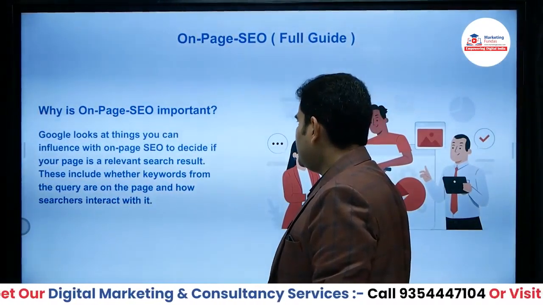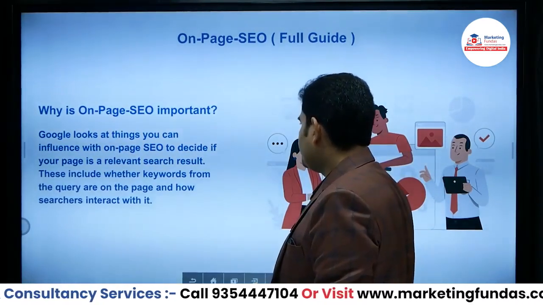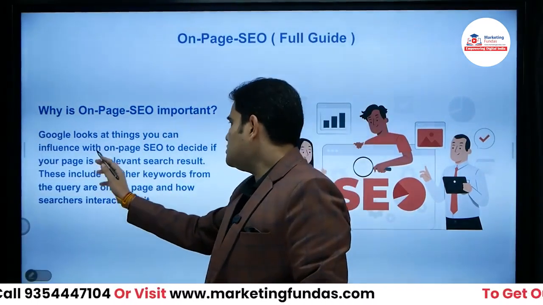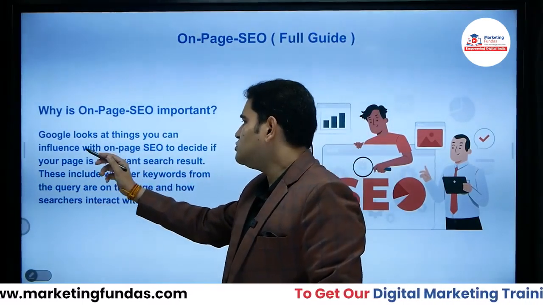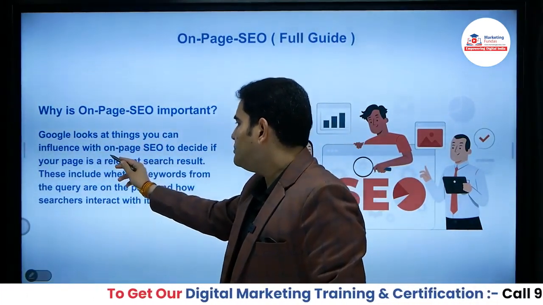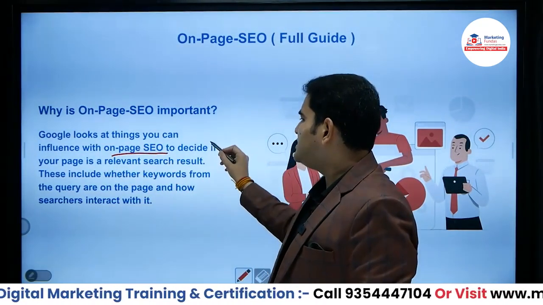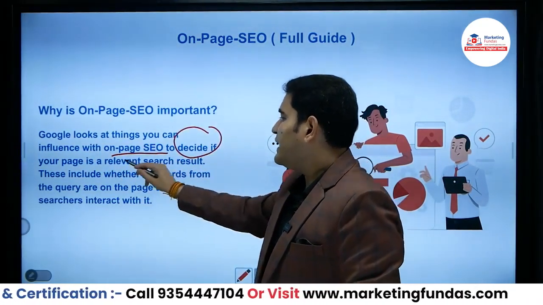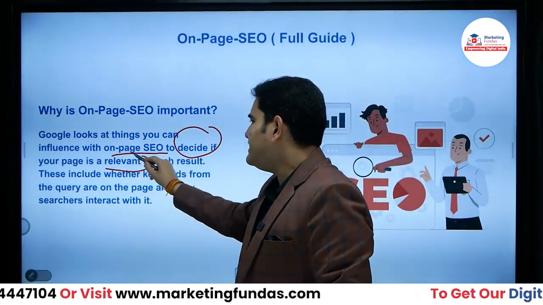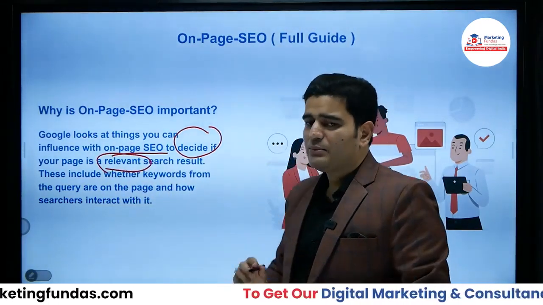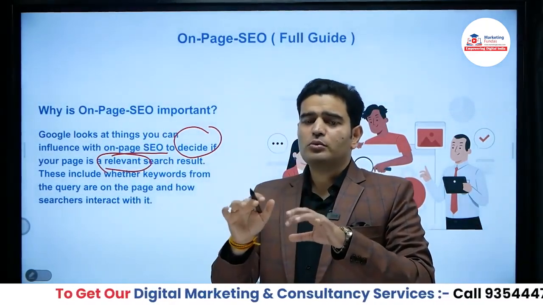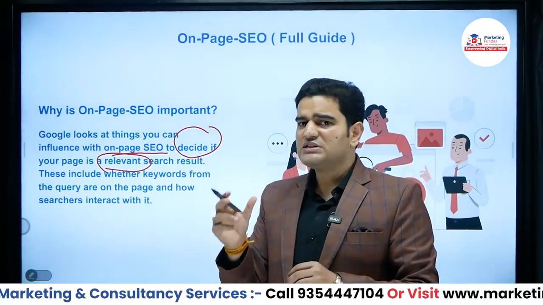So why is on-page SEO important for us? Let's know. Now Google observes many things. Therefore, the things that are done in on-page SEO ultimately decide whether your page is really relevant to the search result. Let's say that someone is searching on Google, Puma shoes for men. Now a user is searching.